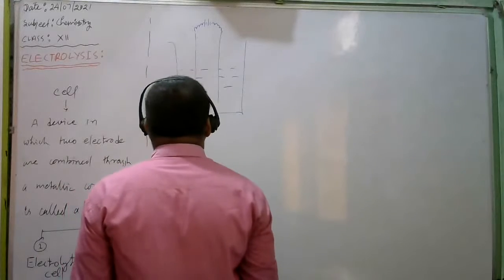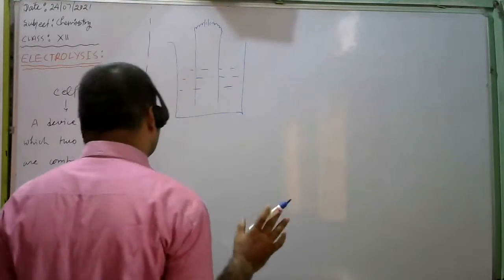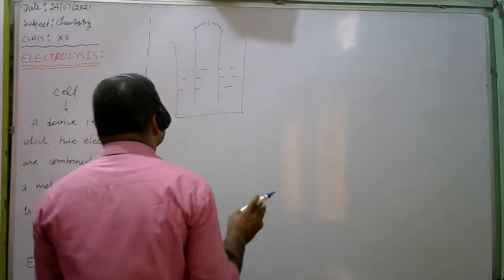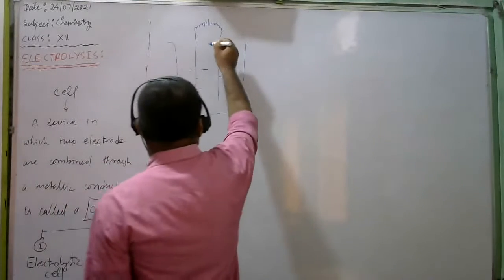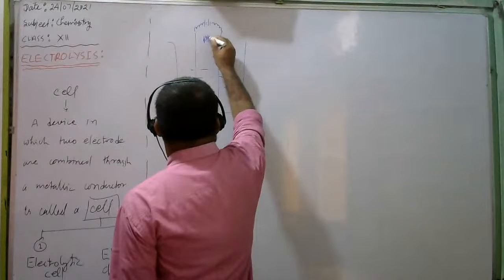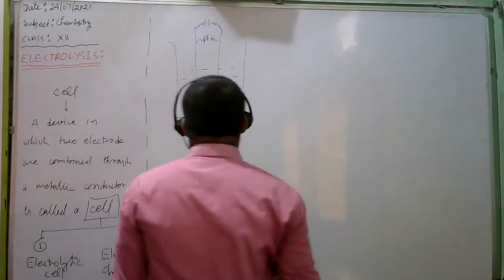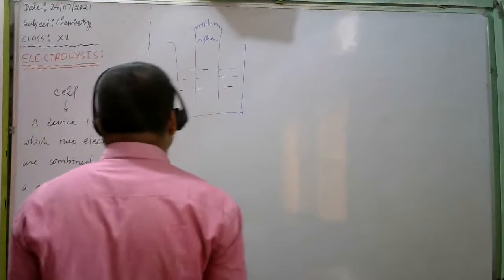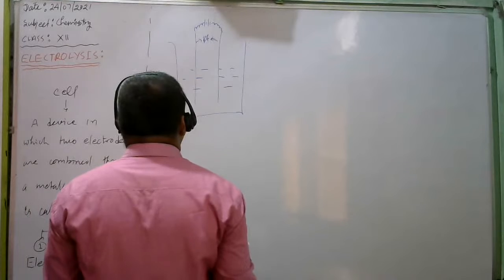You can say this one is the electrolytic cell placed in a single chamber. Both electrodes are present in a single chamber, and generally these electrodes are made of Pt, platinum.